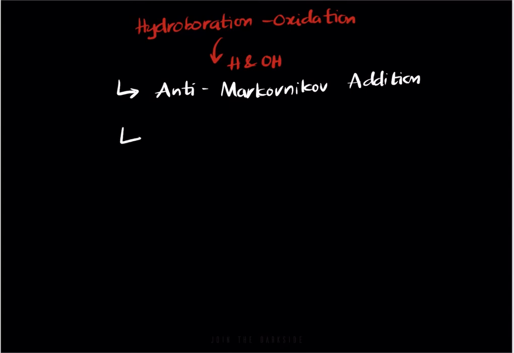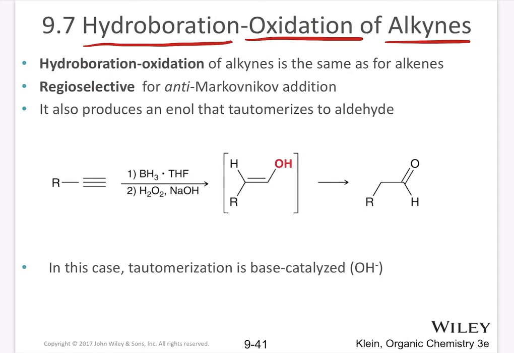The compound that you get here is also an enol, but the enol then undergoes a change in structure and forms an aldehyde. Hydroboration is regioselective, so it's also anti-Markovnikov. It produces an enol that then tautomerizes to form an aldehyde.